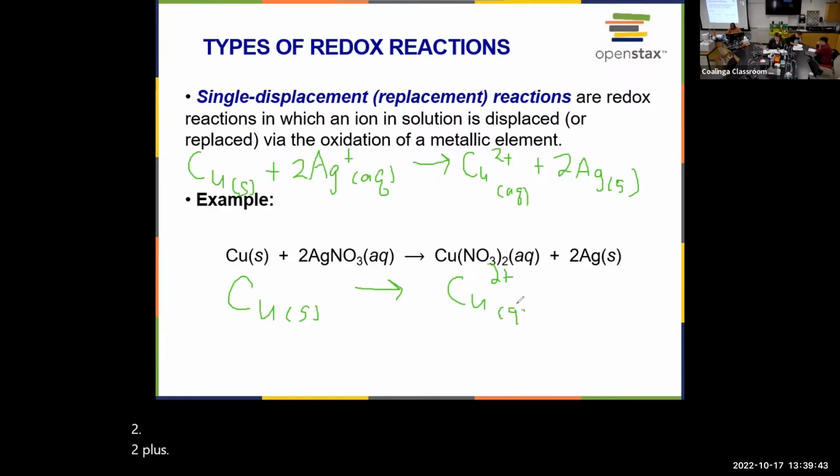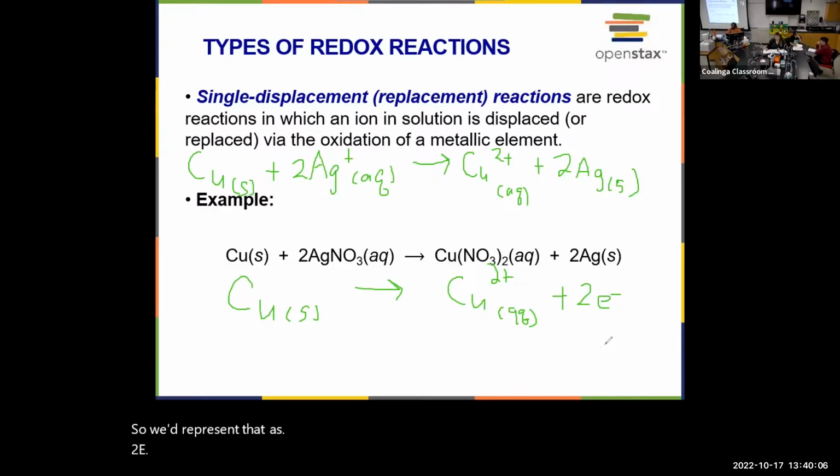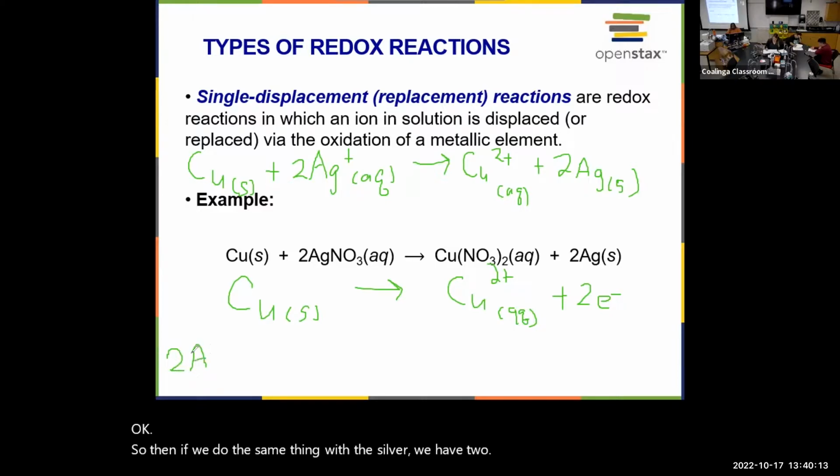Okay, now what has to be happening to this for it to go from Cu to Cu 2 plus? It is losing electrons. How many electrons is it losing? So we'd represent that as 2 e minus. So then if we do the same thing with silver, we have 2 Ag plus.